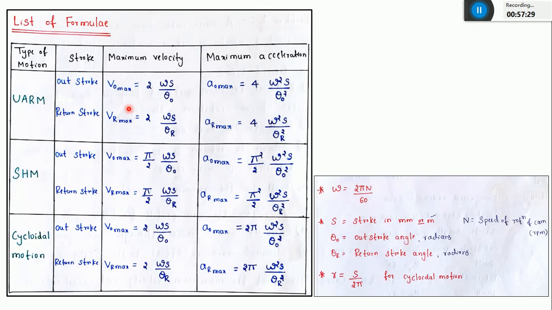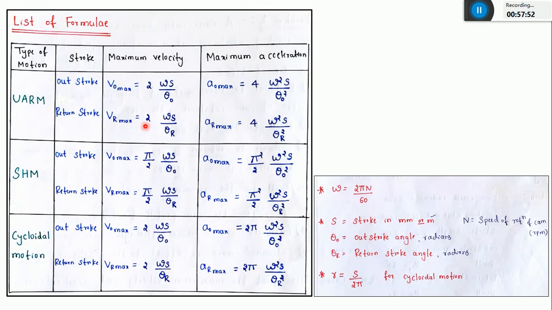And what is the maximum velocity during the return stroke, during the downward motion of the follower? That is nothing but VR max. Similarly, for simple harmonic motion, during outstroke and during return stroke, what is the maximum velocity and the maximum acceleration? And finally, the same thing for cycloidal motion. Please note down these formulas.